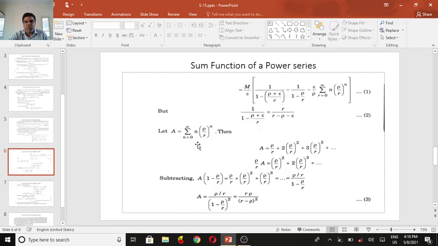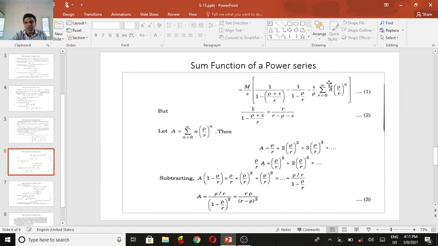This will be M divided by epsilon of 1 divided by (1 - (rho+epsilon)/r) minus 1 divided by (1 - rho/r) minus (epsilon/rho) times summation n from 0 to infinity n (rho/r)^n. I call this equation 1.